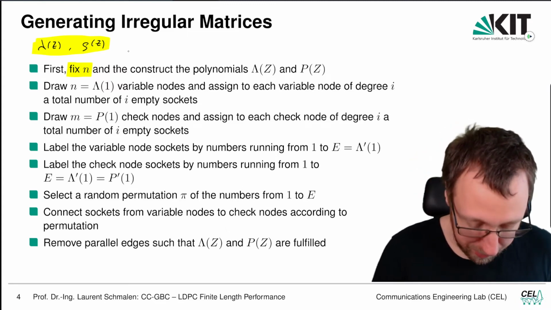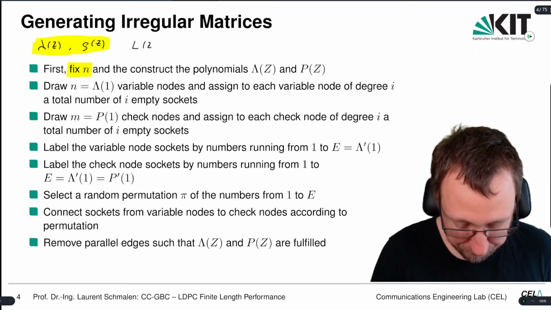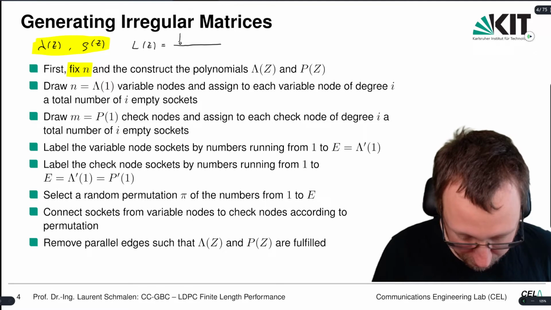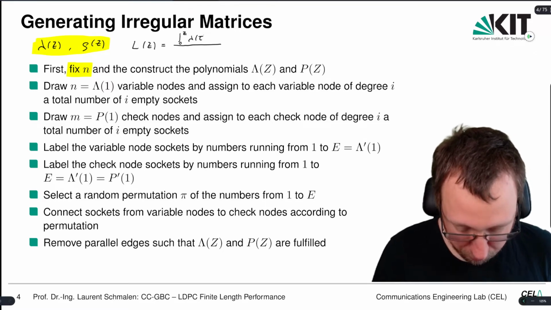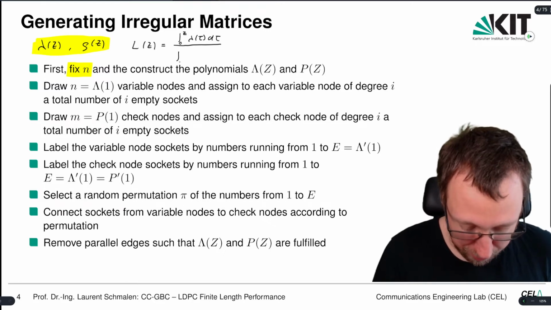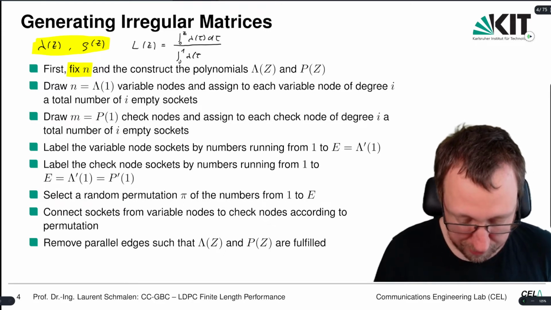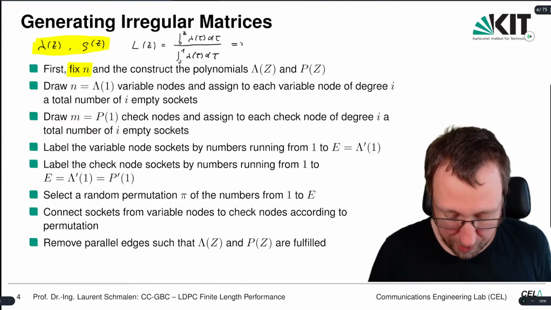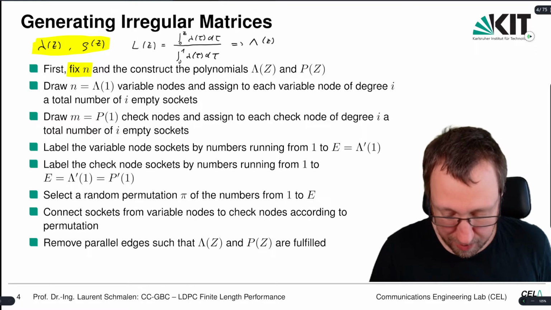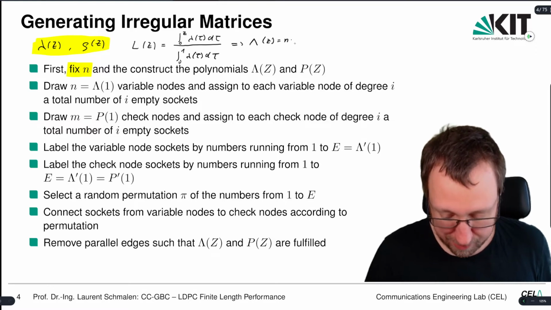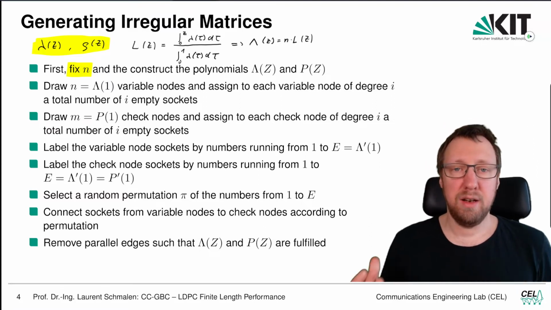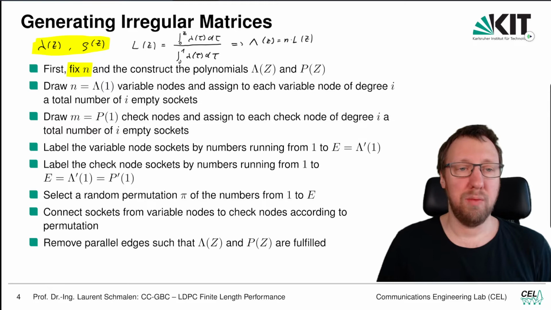So first thing we do is we calculate capital L of z. Capital L of z is given by the integral from 0 to z of lambda tau d tau divided by the integral from 0 to 1 of lambda tau d tau. And then we get capital Lambda of z equals n times L of z. L of z is the normalized version, and capital Lambda of z is the non-normalized version.